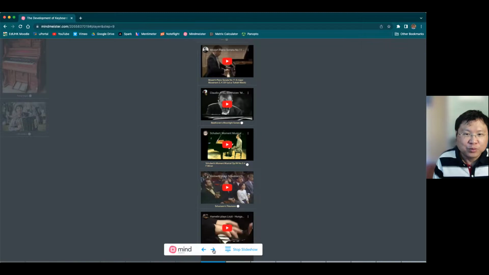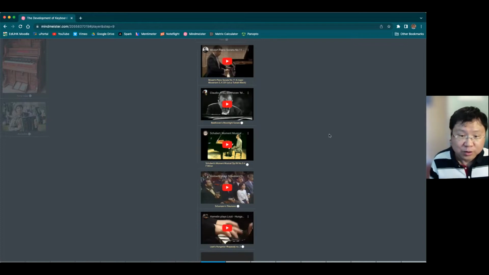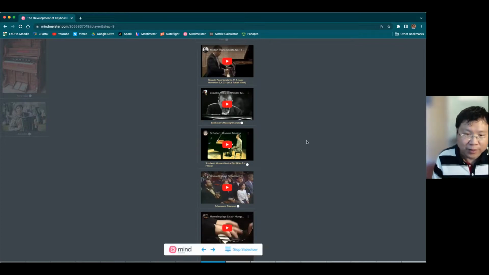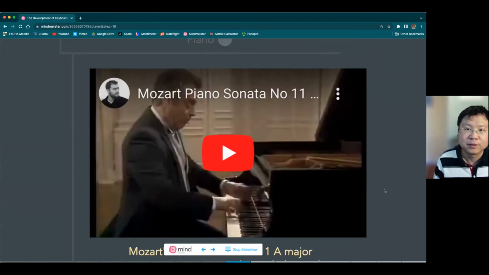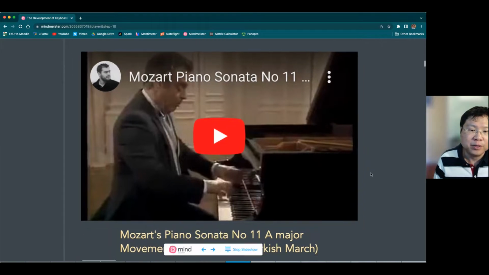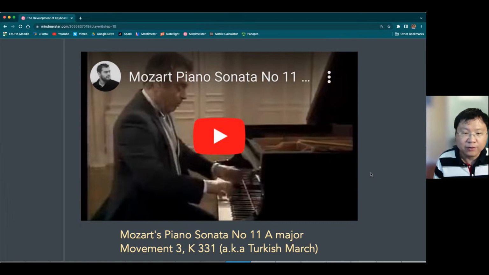There are many composers who were famous for writing for the piano, like Mozart, Beethoven, Schubert, Schumann, Liszt, and Chopin. This musical piece is Mozart's Piano Sonata number 11 in A major, K. 331, aka Turkish March. If you are familiar with the piece, listen to it by yourself.